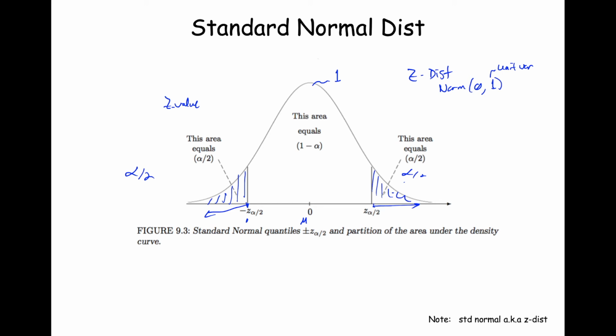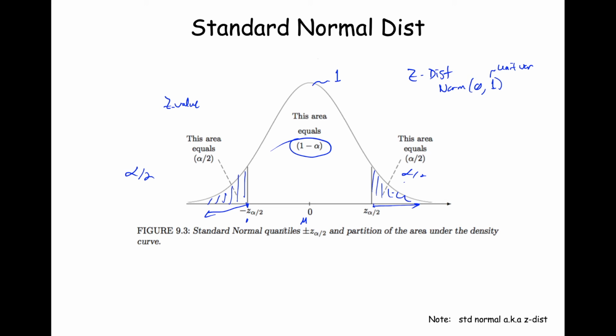Well, that leaves, because of the law of total probability, in the center region an area of 1 minus alpha under the probability curve. And so what that means is that if we take the area under the curve from the negative z sub alpha over 2 to the positive z sub alpha over 2, that's going to give us a total area under the probability curve of proportion 1 minus alpha.